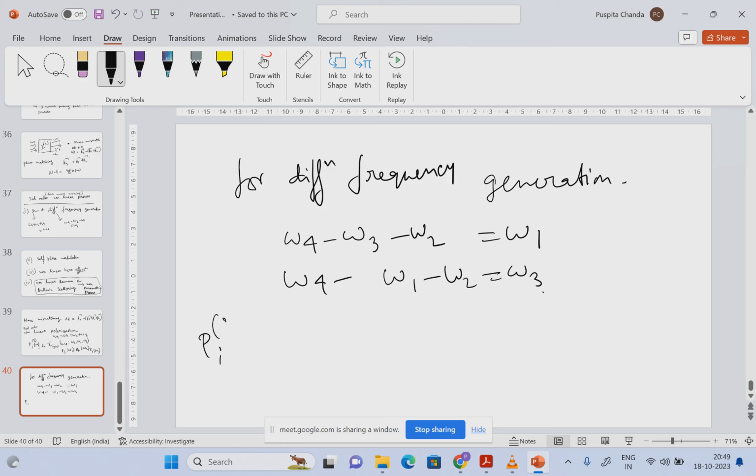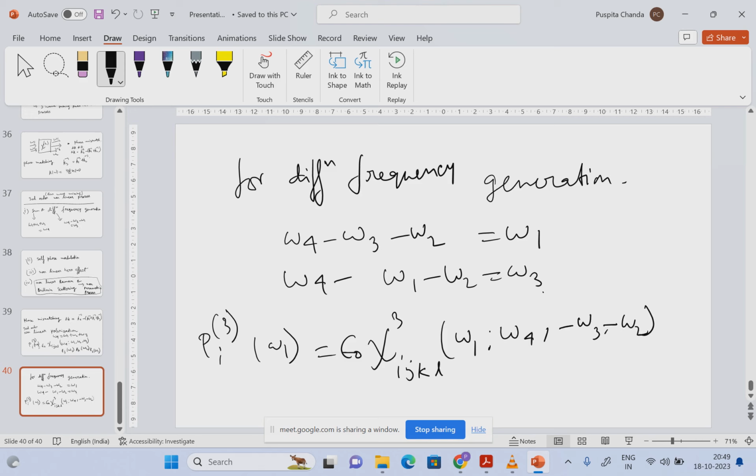So polarization in this case will be written like this. Omega 1 is being produced by omega 4 minus omega 3 minus omega 2, into Ej omega 4. But omega 3 and omega 2 are minus, so we consider the conjugate electric field.